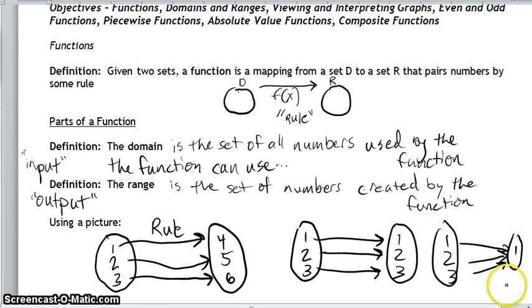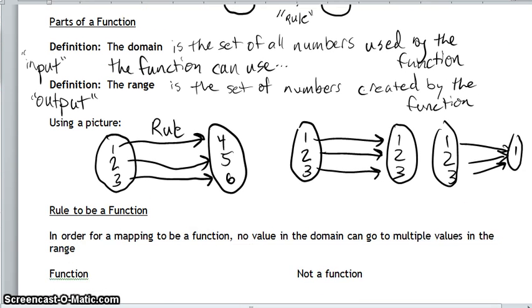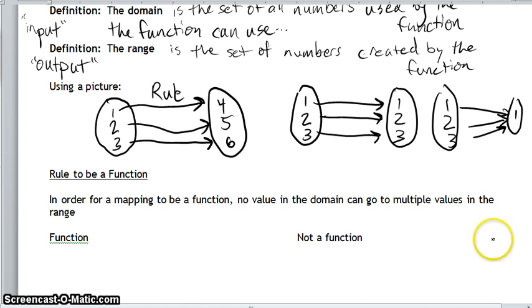And we'll talk about what makes a function unique and how it makes something a legitimate function and so forth. But all a function does is it takes numbers and maps them to some other set of numbers by some rule. The rule can be anything that you can create.